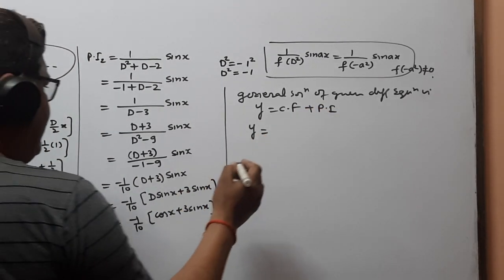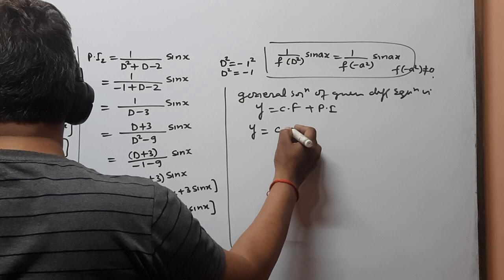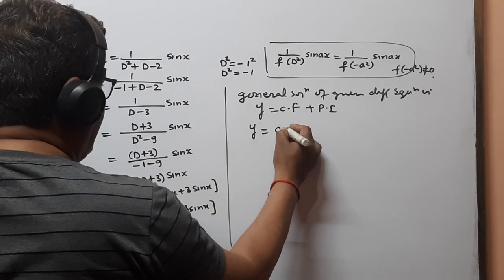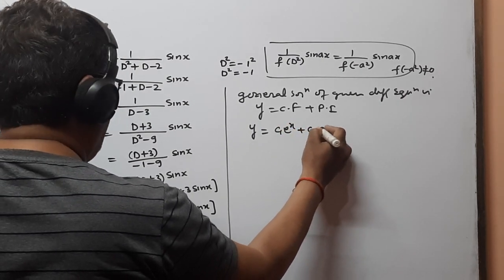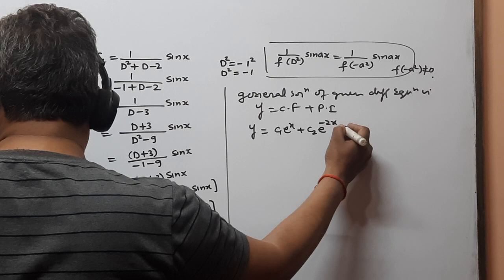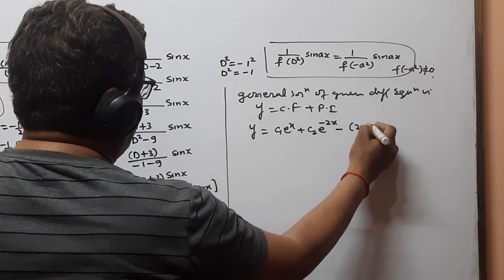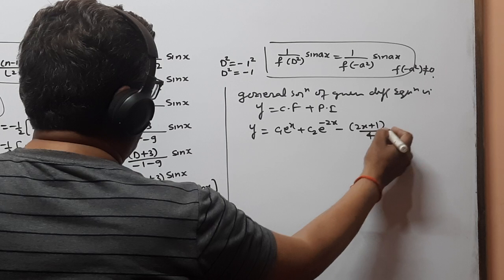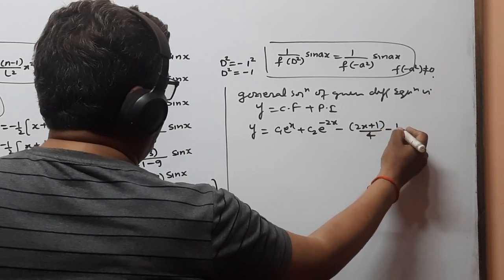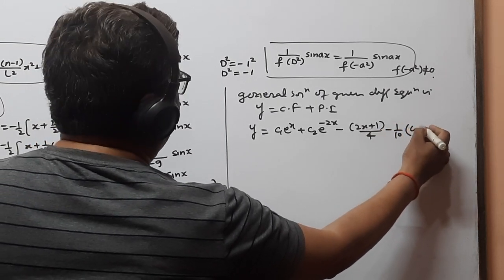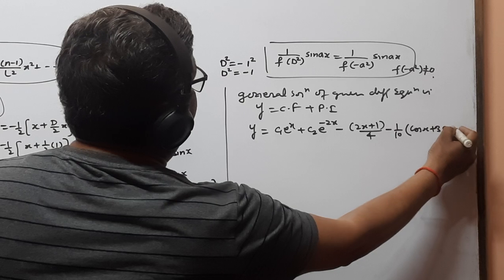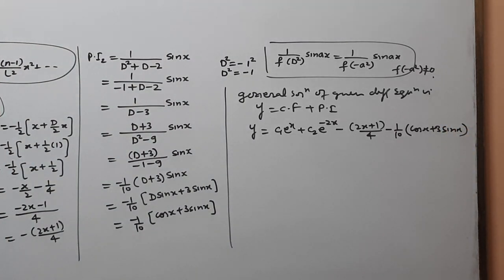So the complementary function is c1 times e to the power x plus c2 times e to the power minus 2x, plus the particular integral, which is minus 2x plus 1 divided by 4 minus 1 by 10 times cos x plus 3 sin x. So this is the general solution of the given second order linear differential equation with constant coefficients.